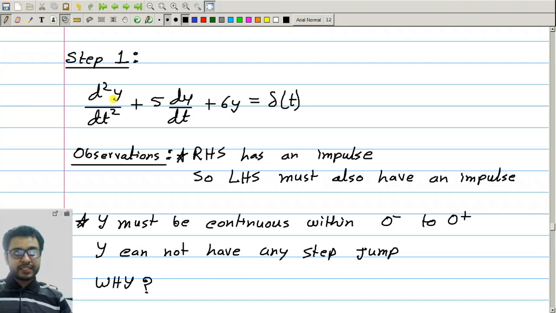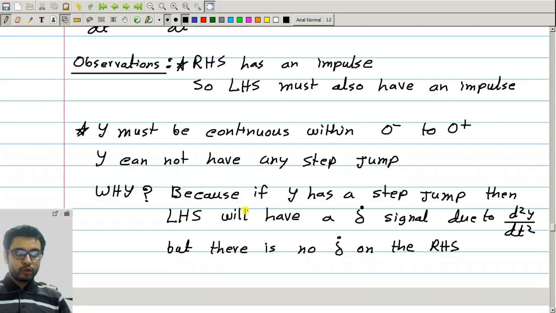And when you differentiate that delta function again, that means the second derivative, you will get delta dot. So on the left hand side you will have a delta dot, but on the right side there is no delta dot. Right side has only delta, and delta dot, they are not same. So we cannot have a delta dot on the left side. That means y cannot have any step jump.